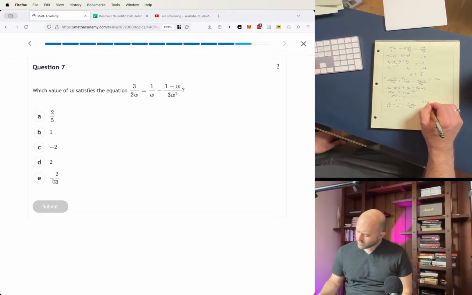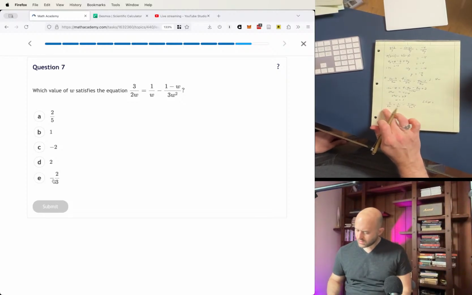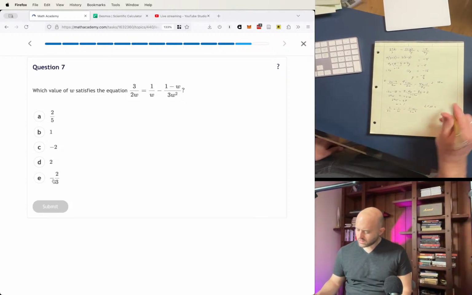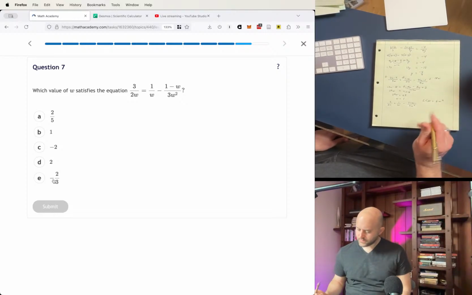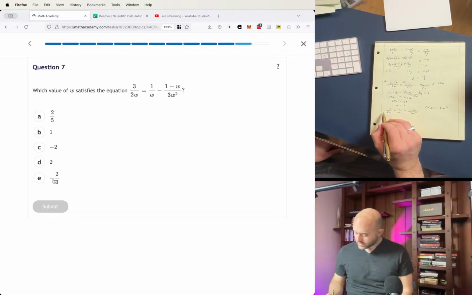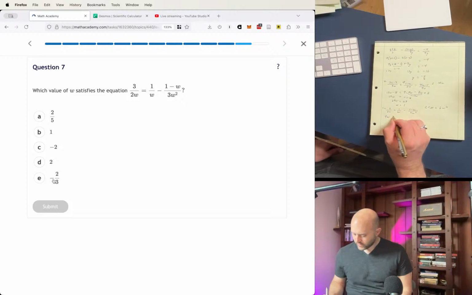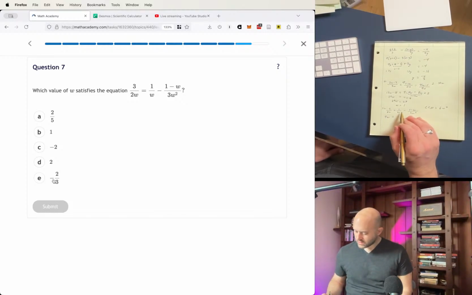So least common multiple is 6w squared. Let's pull that through. So 6w squared ends up being, 1w cancels, that thing goes to 3w times 3, which is 9w equals 6w squared.